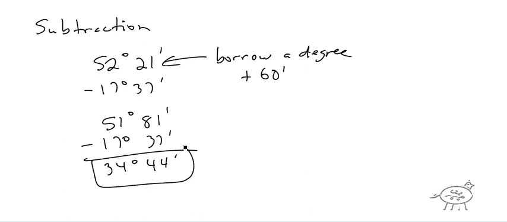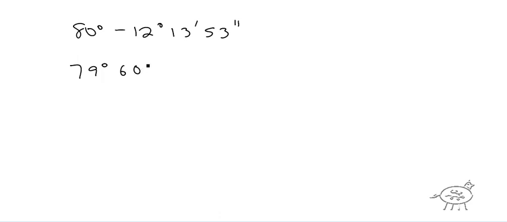Let's do one more little challenging problem here. 80 degrees minus 12 degrees, 13 minutes, 53 seconds. Well, what you have to do is borrow for minutes and for seconds. So we're going to write this as 79 degrees, 60 minutes.